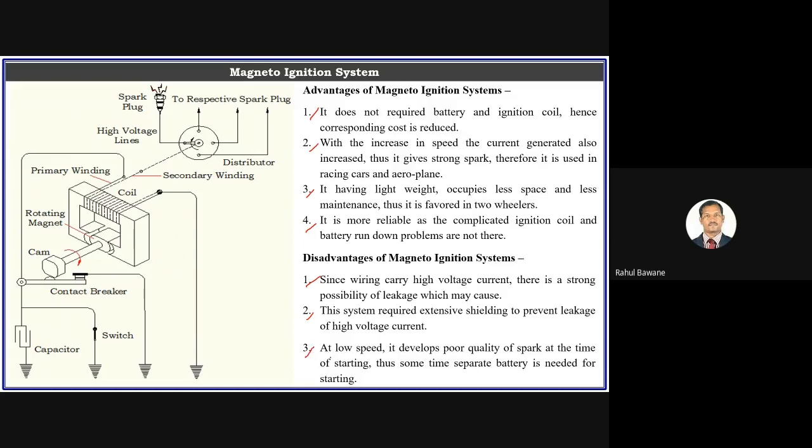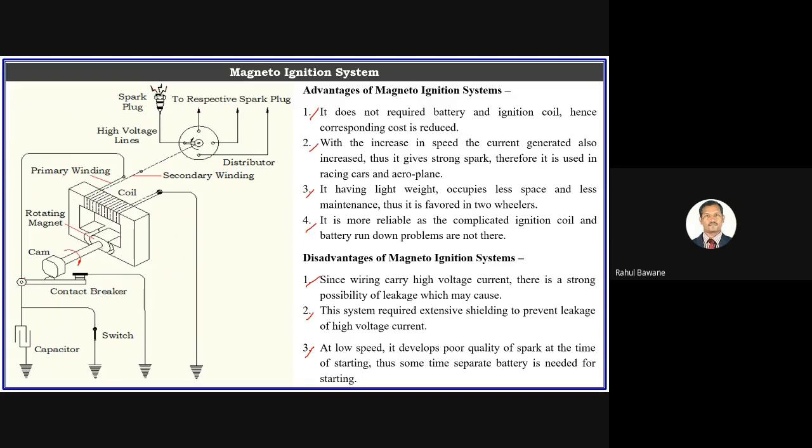And the third drawback: at low speed, it develops a poor quality of spark. Definitely, because a battery ignition system at low speed is supplying 6 volt, or 12 volt, as the battery capacity. But here the primary current is generated due to the speed of this rotating magnet.